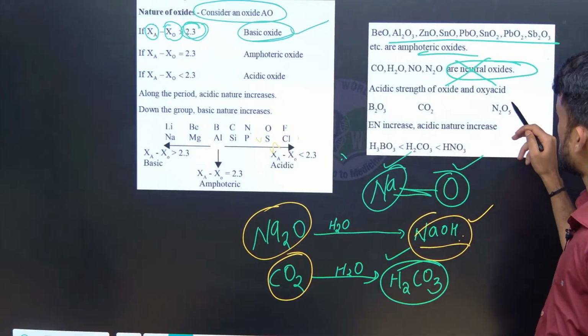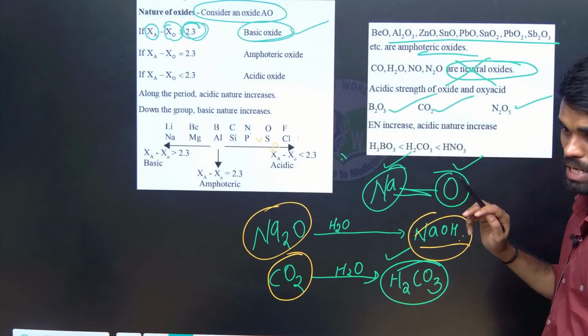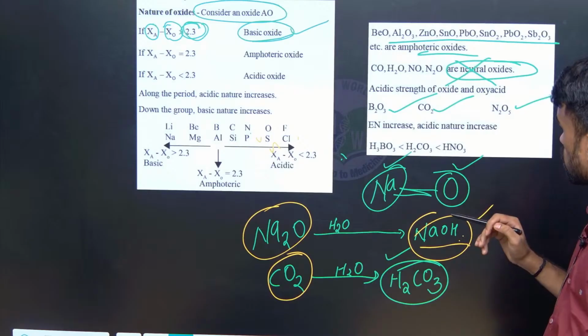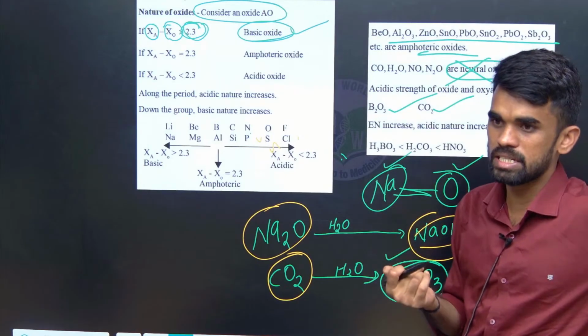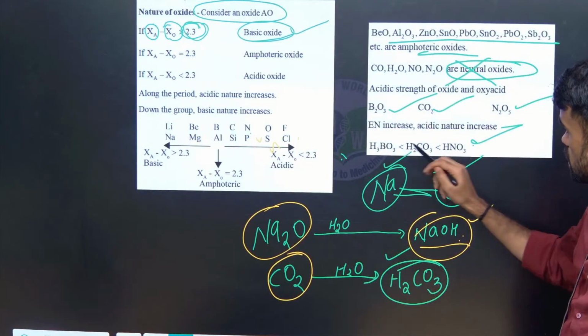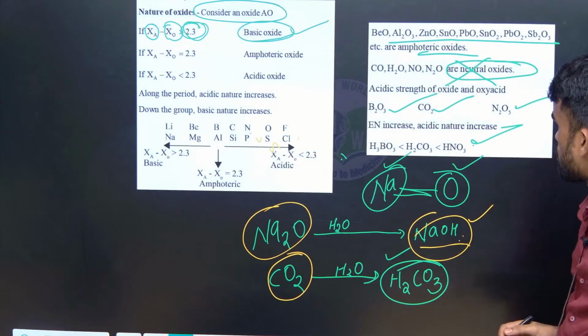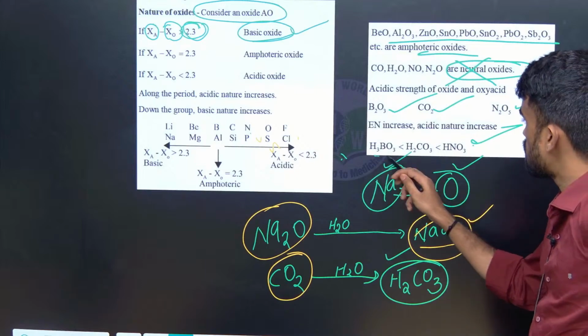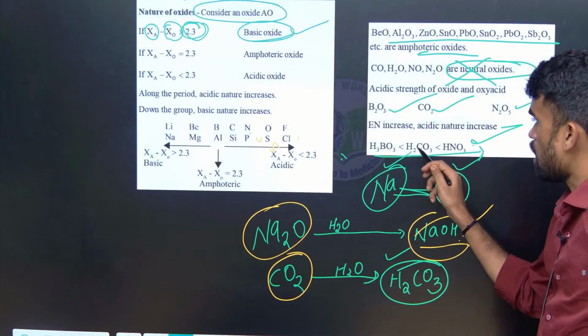Now acidic: I explained that non-metal oxides are generally acidic oxides, and metal oxides in their higher oxidation states are also acidic oxides. Next, these are the acidic nature order you can remember. How am I giving this order? See, nitric acid, carbonic acid, boric acid.